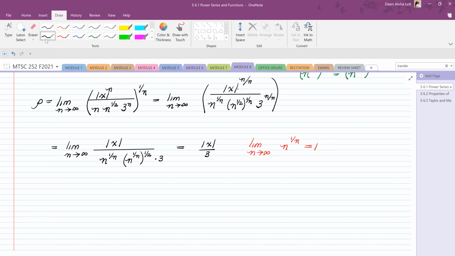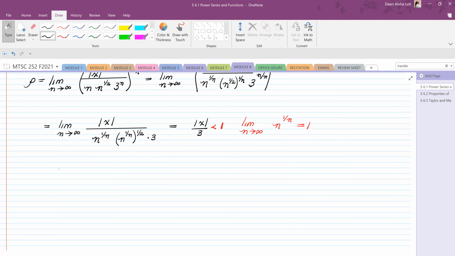All right, so that's what we get. And we have to force that to be less than 1. So that gives us the absolute value of x is less than 3. There's the radius of convergence.